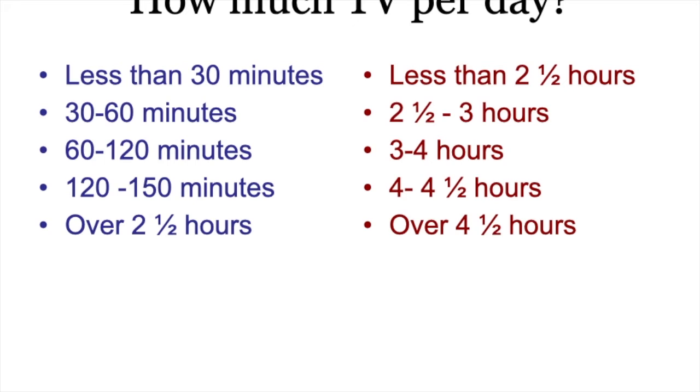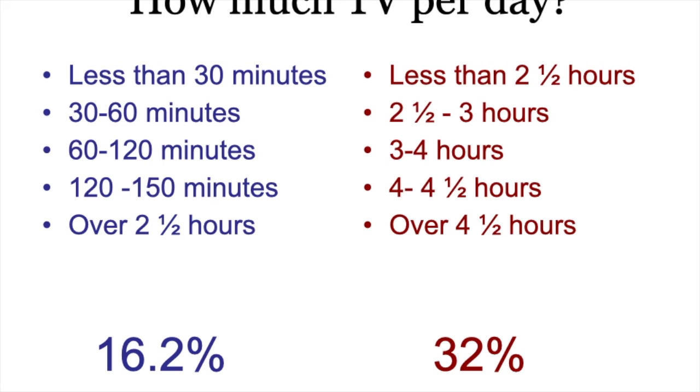On the left-hand scale, that is the people who chose the very bottom response of over 2.5 hours. On the right-hand scale, it is everyone who chose anything but the top response. So lots more options there. And they found that just by changing the scale, they nearly doubled the amount of people who reported watching more television. And so that's something to be careful of.